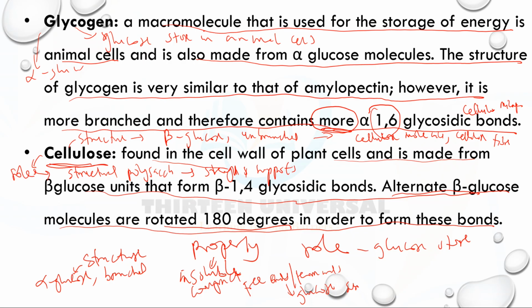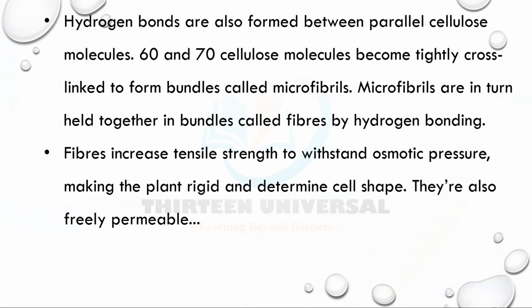If asked, you can say that the cellulose molecule is an unbranched chain of beta glucose, in which adjacent beta glucose is rotated by 180.